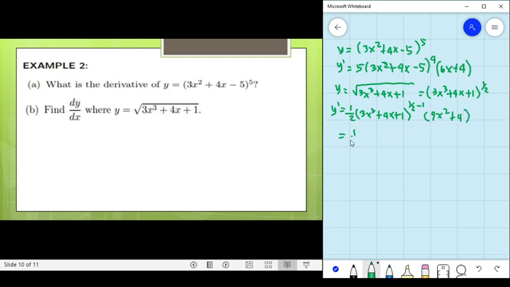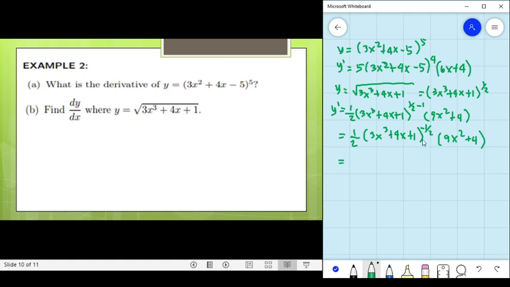Okay, so it would be 1/2 quantity 3x cubed plus 4x plus 1 to the negative 1/2 times quantity 9x squared plus 4.